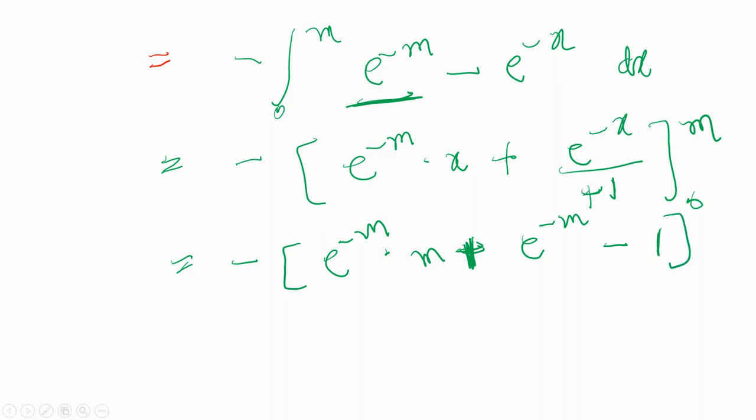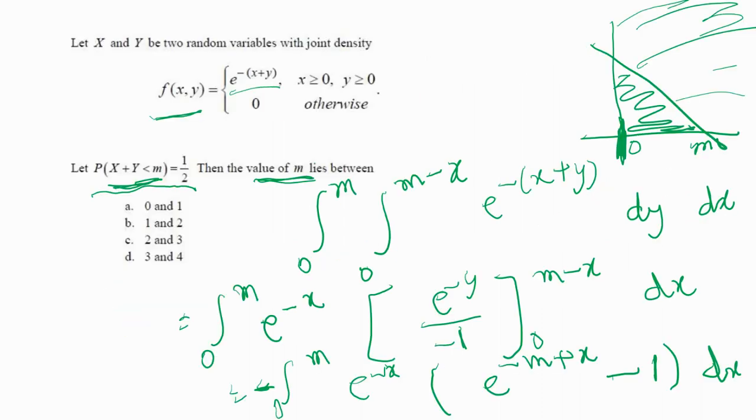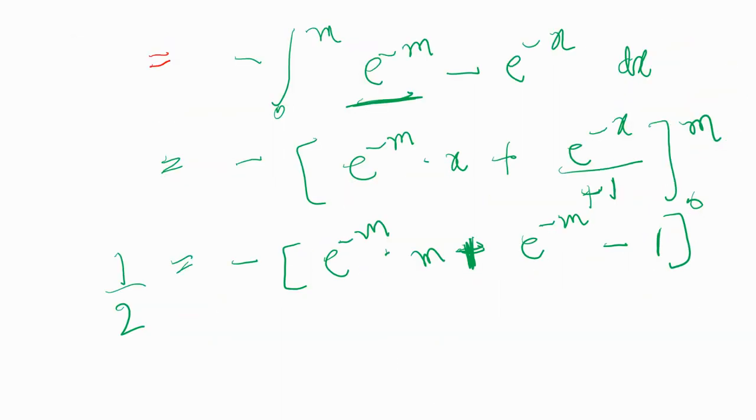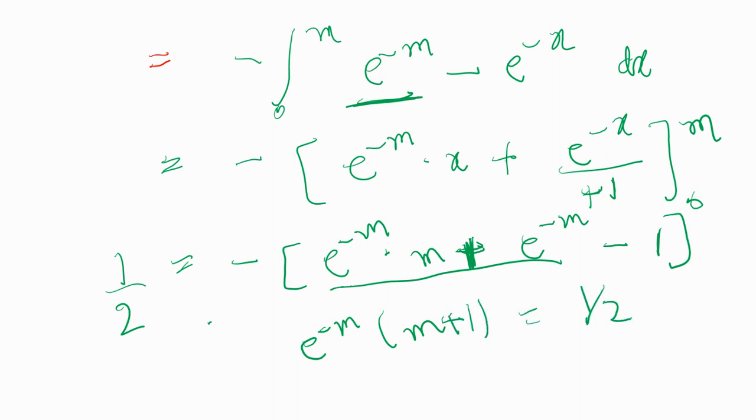Given here it is 1 by 2. So now this plus 1 will go here, or these terms are negative, so we can write e to the power minus m times m plus 1 is equal to 1 minus half, that will be half.